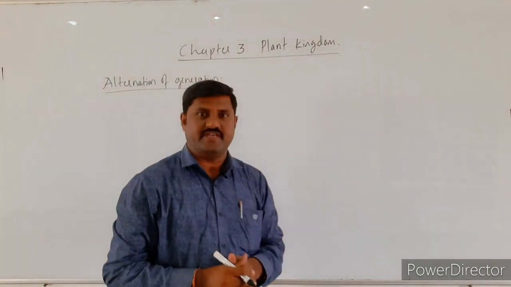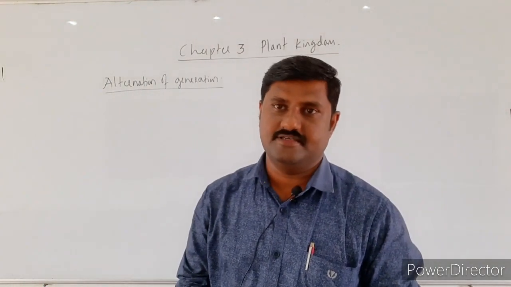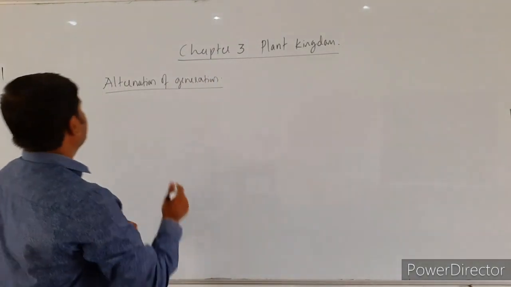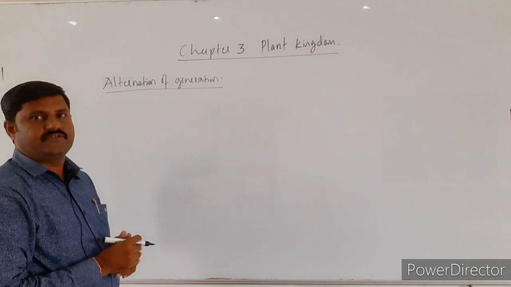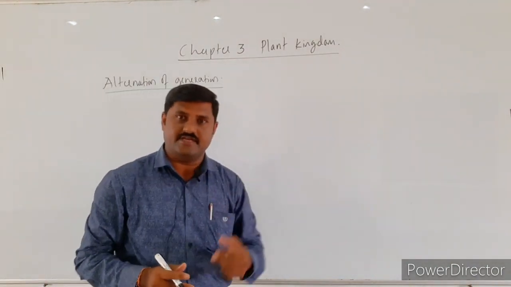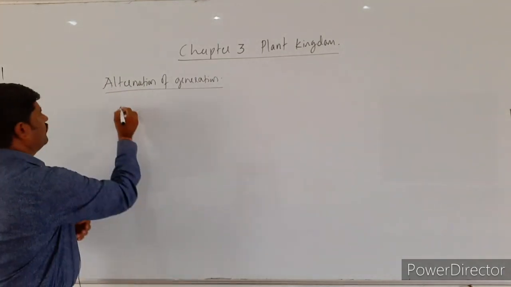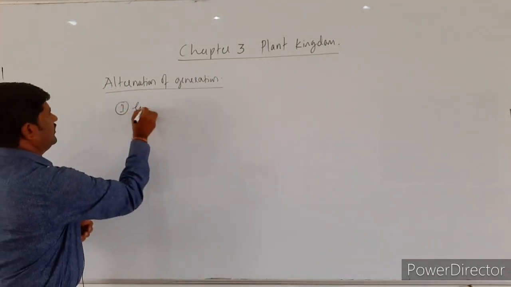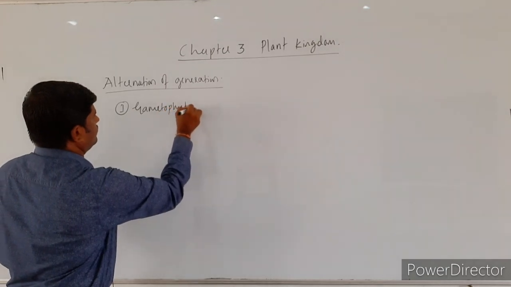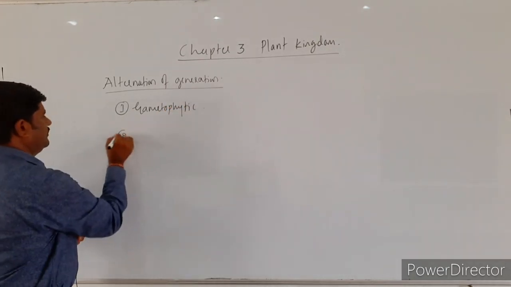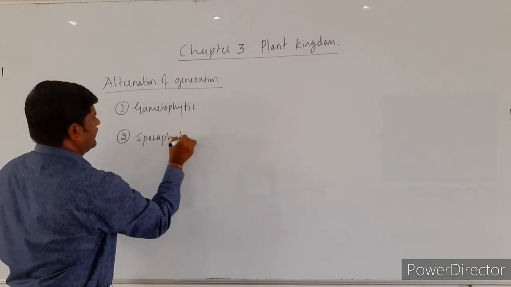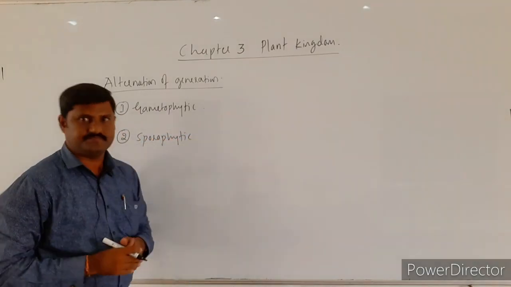This topic is very important, and this is a unique feature of these organisms. There are two generations that we come across over here. One is gametophytic, and the second one is sporophytic generation.